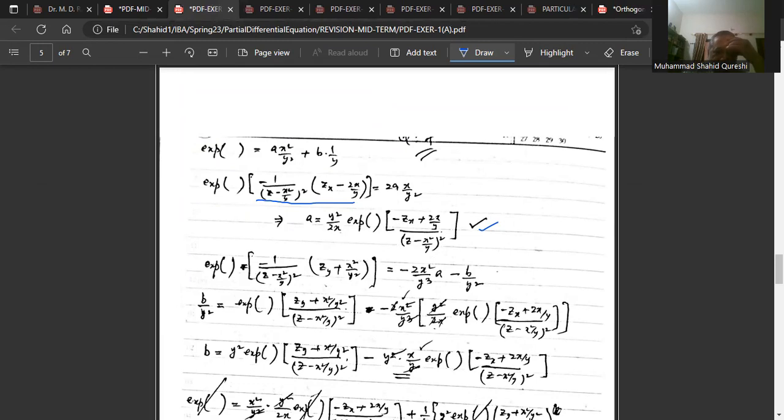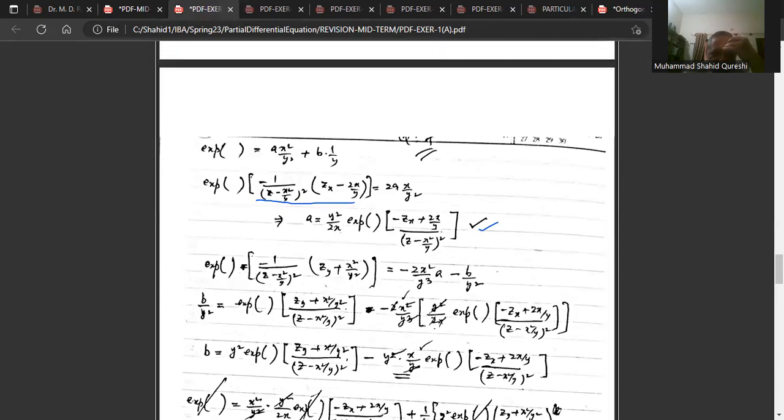So this e power something will remain as it is, and the derivative of something with respect to y is taken. This involves y in both places. So I write down the value of b upon y square as this function, and this term goes the other side, and we simplify that together.